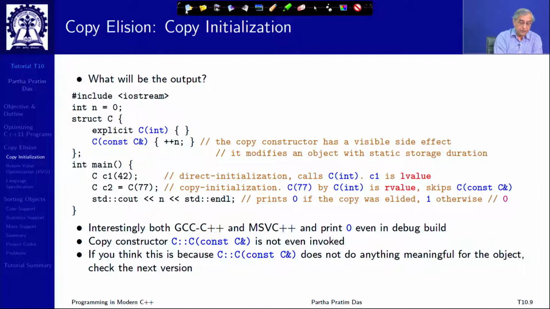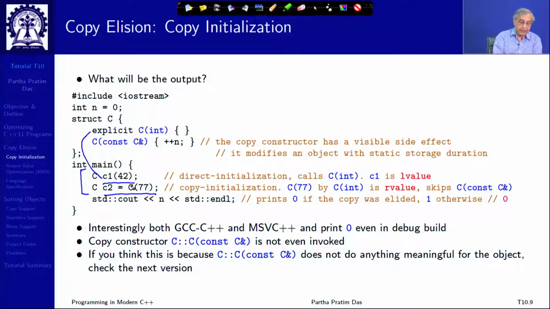In the context of this, we have written these two object initializations. You can easily make out that this is a direct initialization, where we are expected to invoke the parametric constructor, and C1 after that invocation will become an L value. The next one, as you will identify, is a copy initialization.